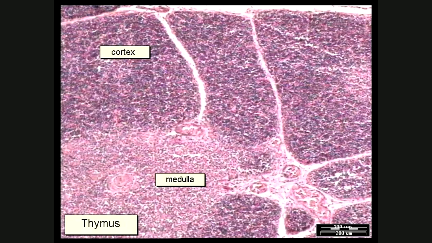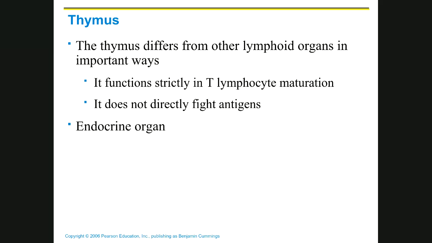But 99.9% of these purple dots you see are T lymphocytes, T cells. And they're T cells in the process of maturing. And then once they're mature, they leave. But again, it's an endocrine organ because it makes the hormones that cause these cells to mature.